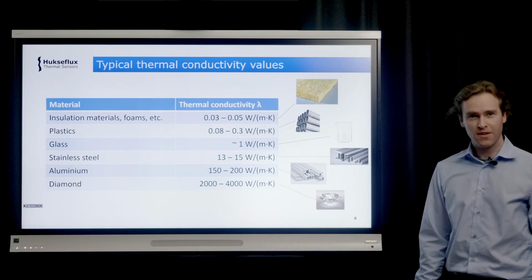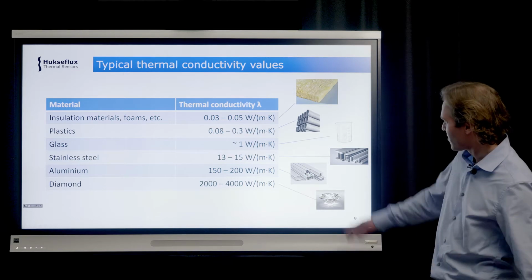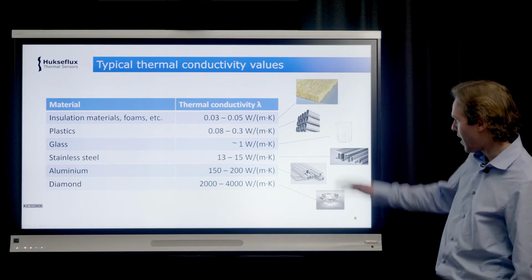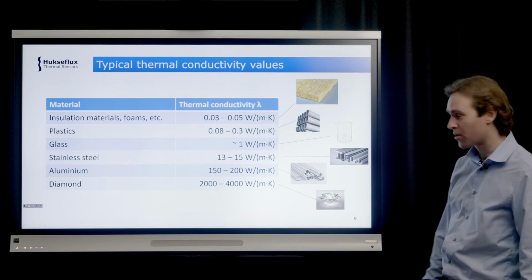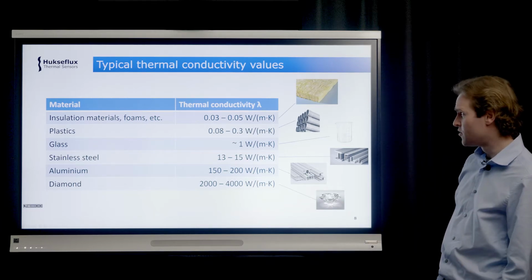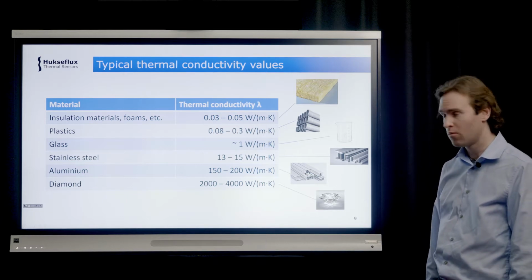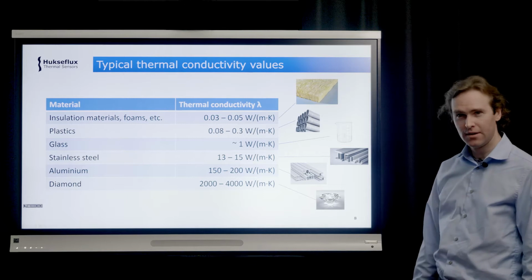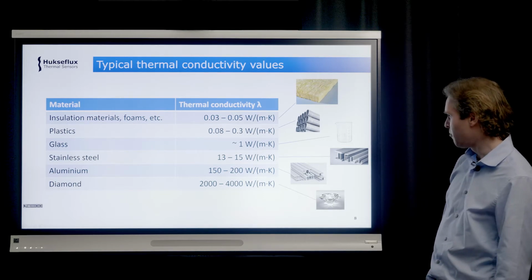Okay, so what are some typical values for thermal conductivity? I show here a list starting from roughly 0.01 watt per meter Kelvin up to about thousands of watt per meter Kelvin. So typical insulation materials are around 0.03 to 0.05 watt per meter Kelvin. They're really the most insulating materials. Then we have plastics.